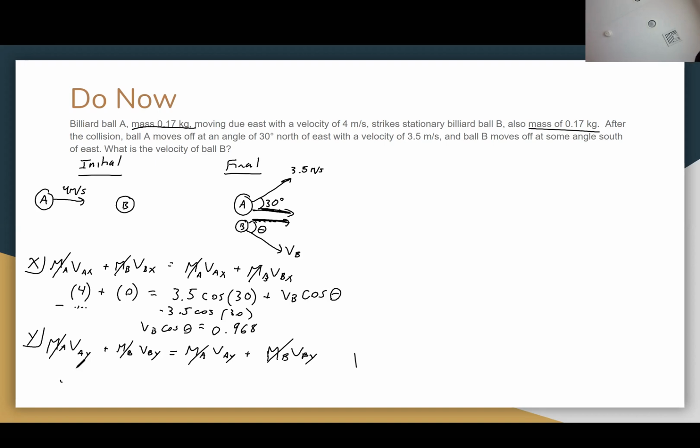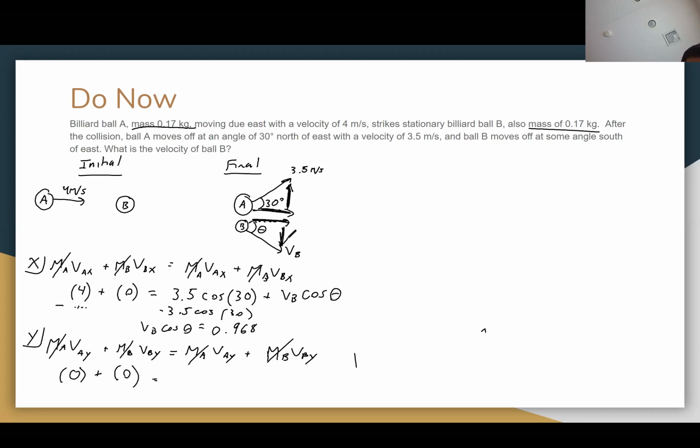And the initial velocity for both ball A and ball B is 0 in the y direction. For B, it's stationary, so there's no initial velocity. And for A, it is moving in the x direction. So now we're interested in the y component of that velocity.